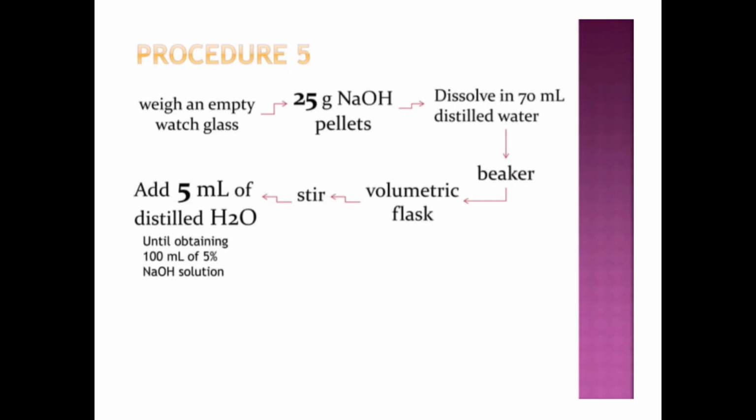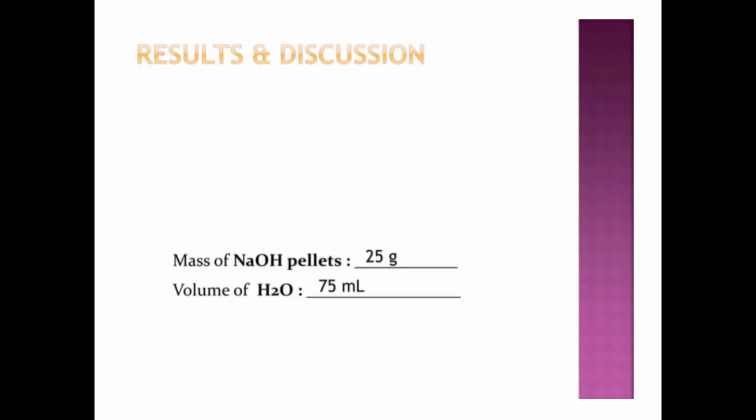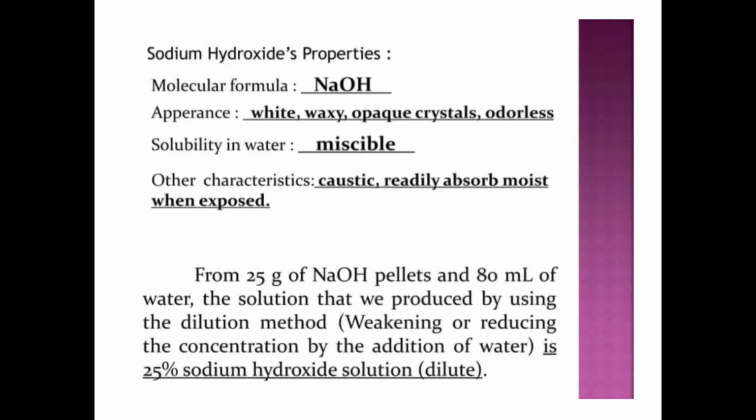The last part, the 5 ml, is needed because 25 plus 70 gives 95, so 5 ml of water still remains for it to be complete. The 5 ml of water ensures that you make it up to the mark. With that, you have been able to prepare 25% sodium hydroxide in a 100 cm³ volumetric flask.